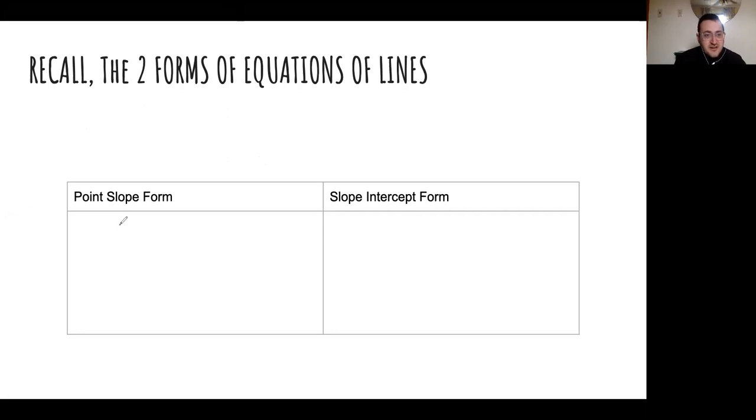The first is the point-slope form, which is the classic y minus y1 equals m times x minus x1, where x1 and y1 are the point, and m is the slope.